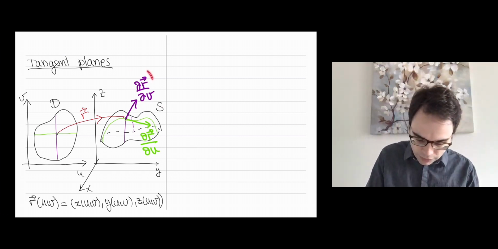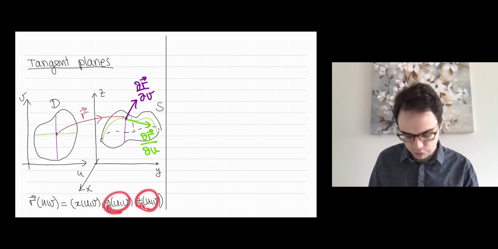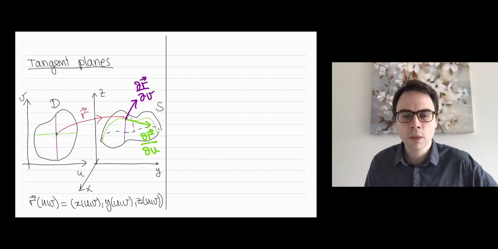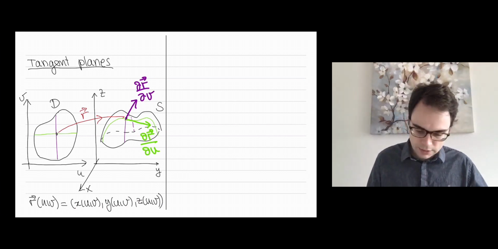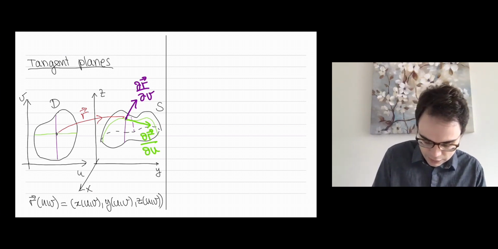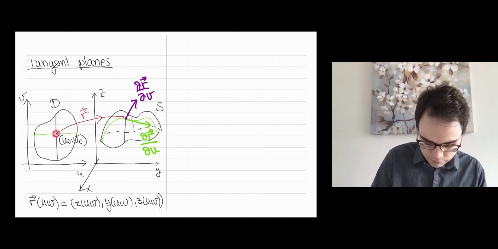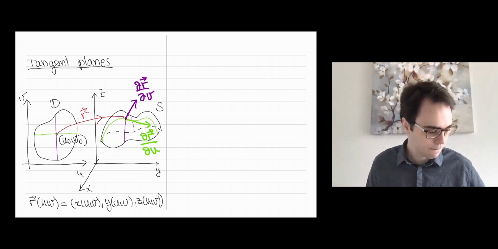So when I write this partial, I'm just saying take the v partial of x, v partial of y, v partial of z, and put them in the vector. The other one is with u partials instead. I have to evaluate these partials at the correct point. So let's say this point here is u0, v0, the point in the UV plane that corresponds to the point where I want to compute the tangent.